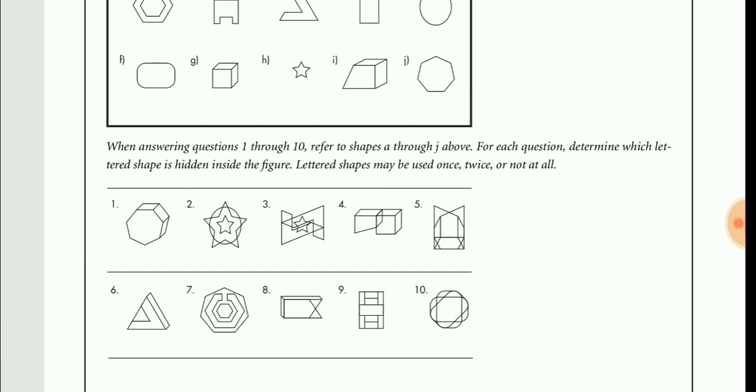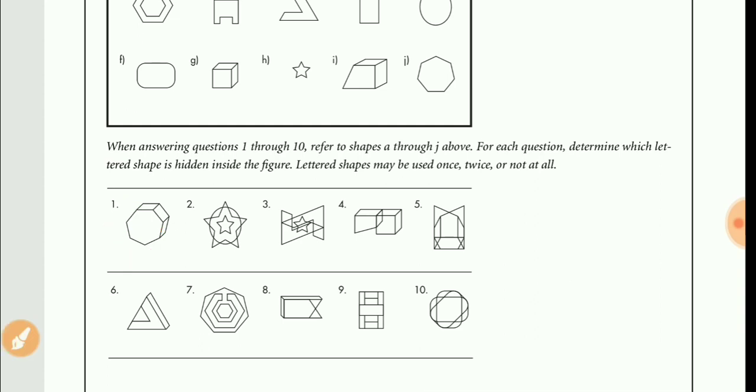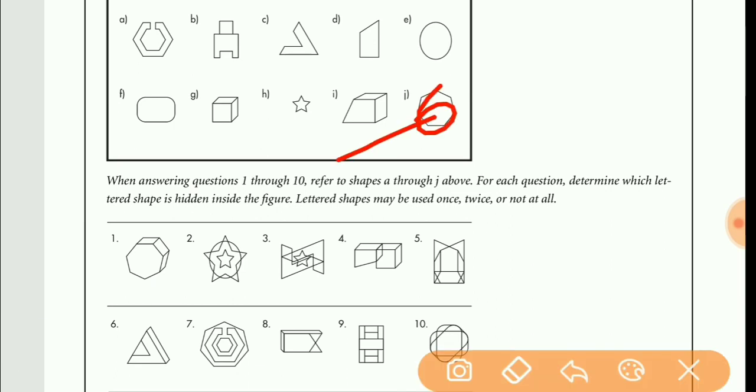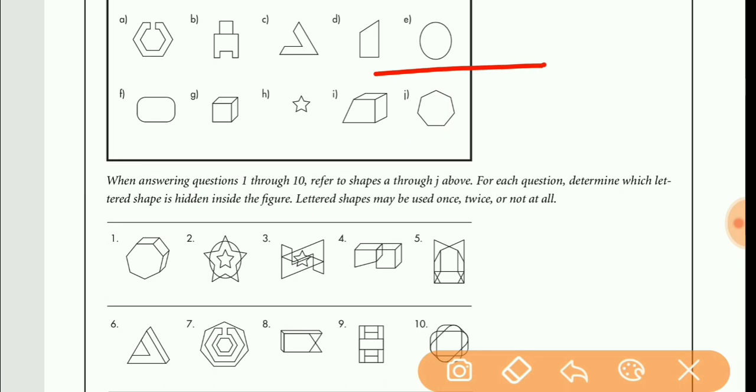So we can simply see that in the front face we have a heptagon: 1 2 3 4 5 6 7, that means a heptagon is given. We can simply see that this figure is embedded in it. How? Take the mirror image of this figure, this side goes up like this, and you can simply see that this figure is embedded in it.